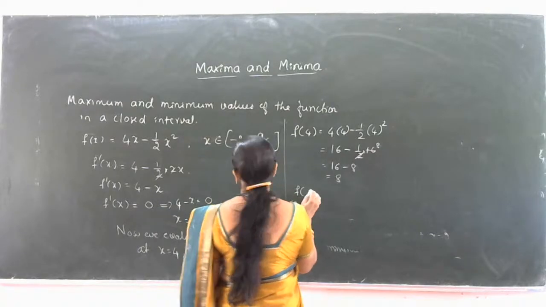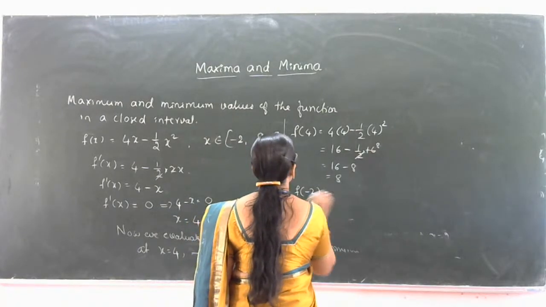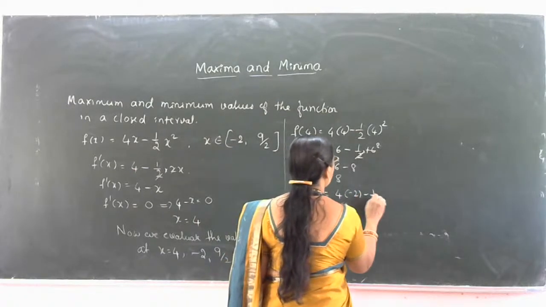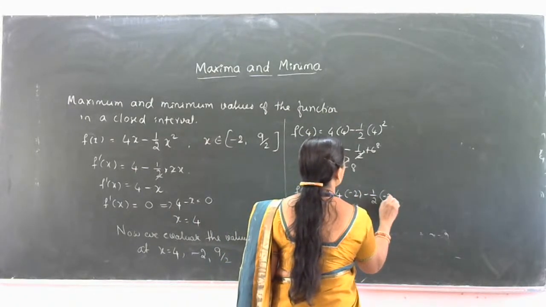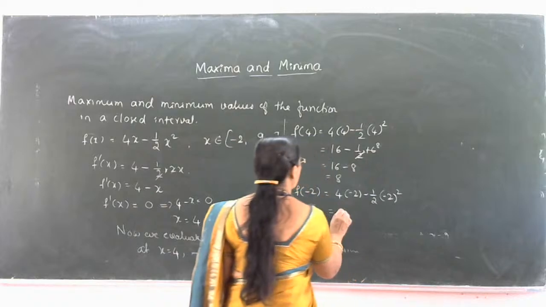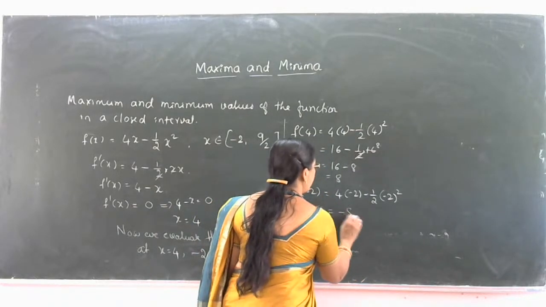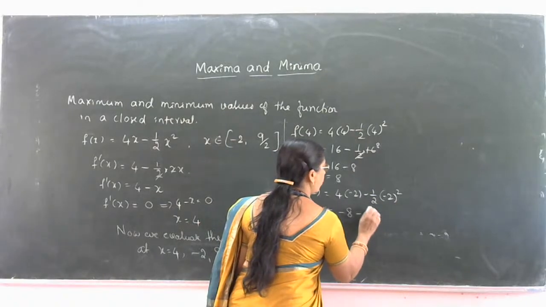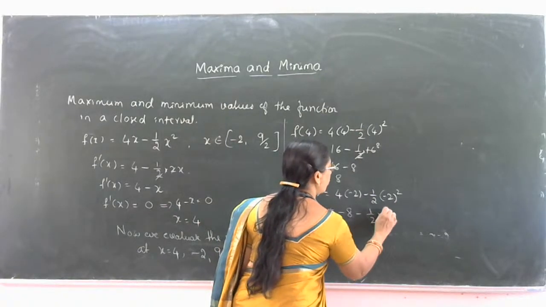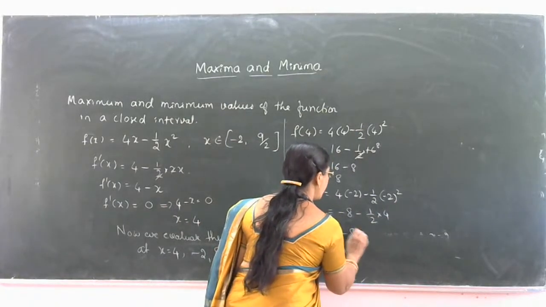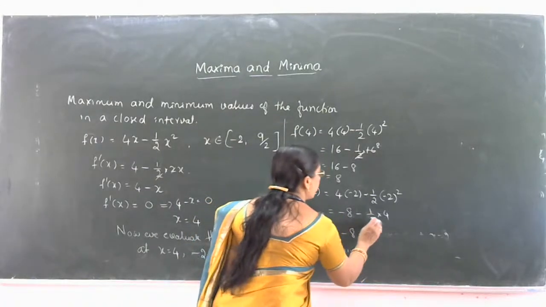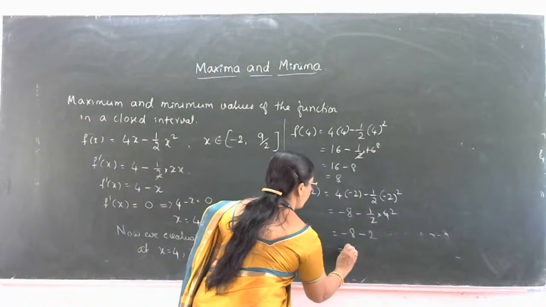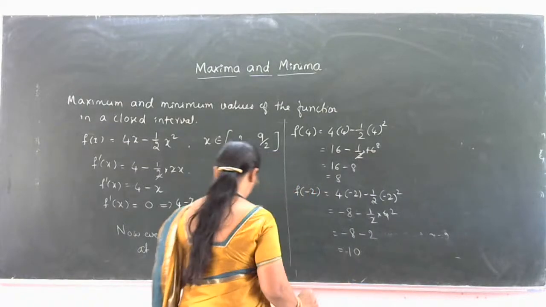f of minus 2 is equal to 4 into minus 2 minus 1 by 2 into minus 2 whole square, which is equal to minus 8 minus 1 by 2 into plus 4, which is equal to minus 8 minus 2, equal to minus 10.